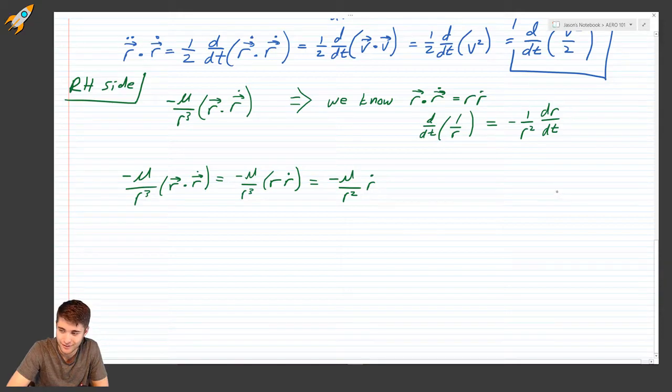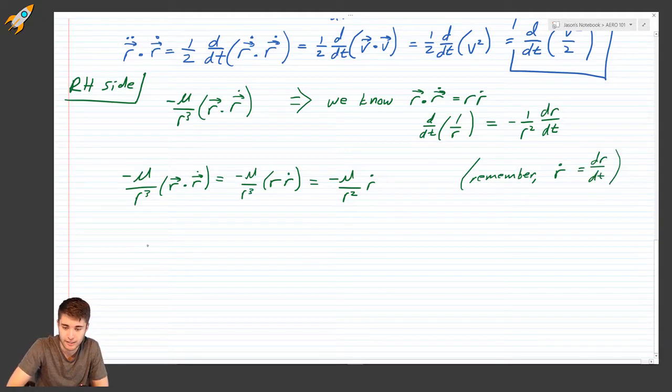Well, check this out. This looks a little bit similar to the derivative of 1 over r, right? Remember, r dot, that notation is just dr over dt. That's all that notation is.